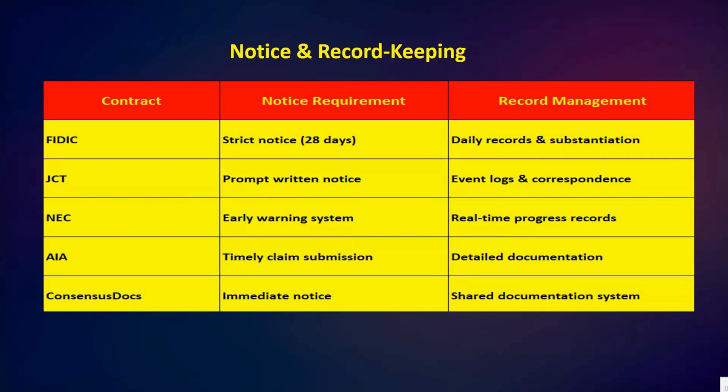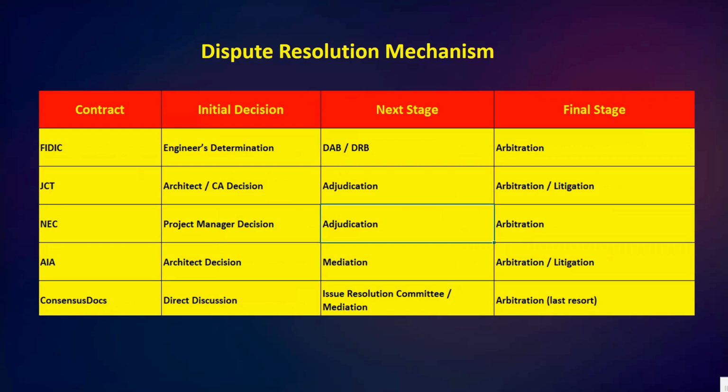So if you look closely, FIDIC and AIA are documentation heavy, and NEC and consensus docs are communication driven, and JCT sits somewhere in between.